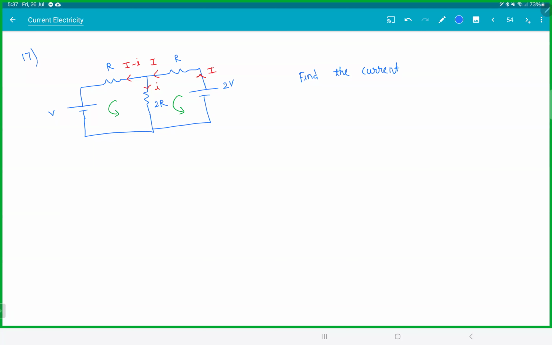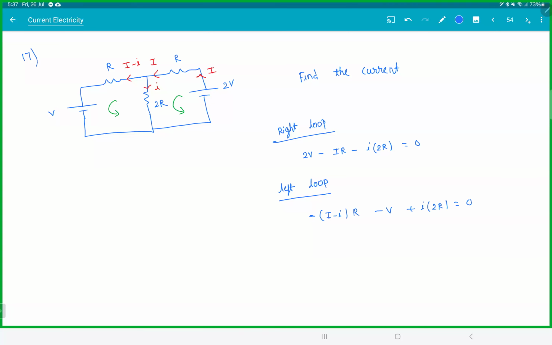Let's see the equations. I'll write for the right loop. Going through the battery, 2V minus IR minus I into 2R equal to 0. The left loop: minus I into R minus V plus I into 2R is 0.